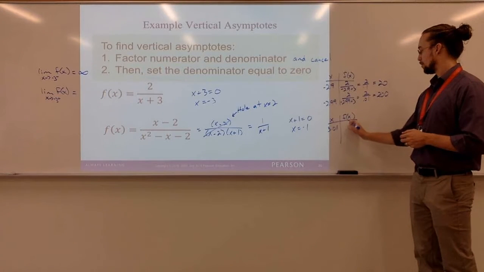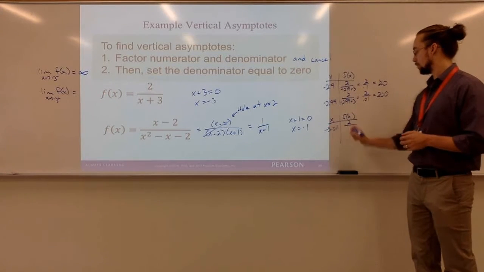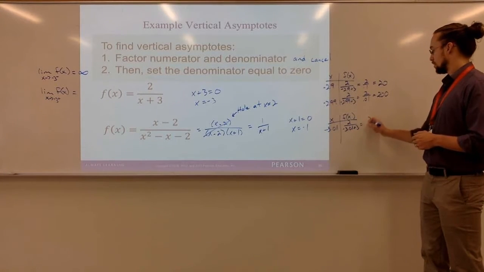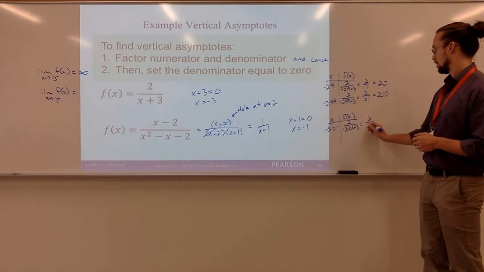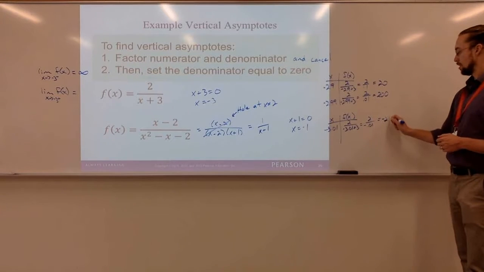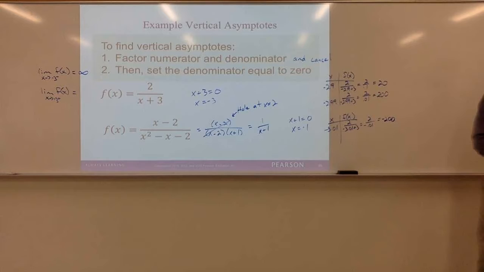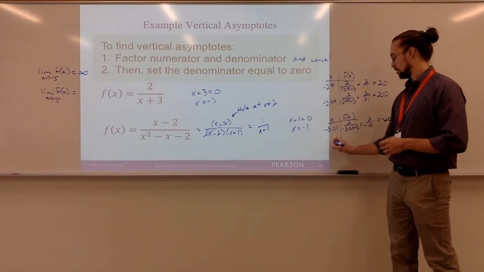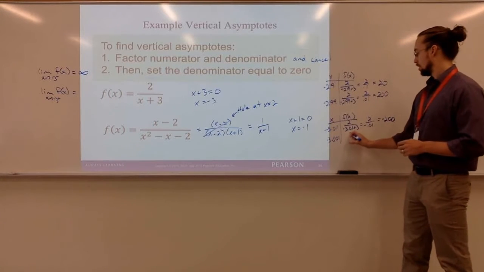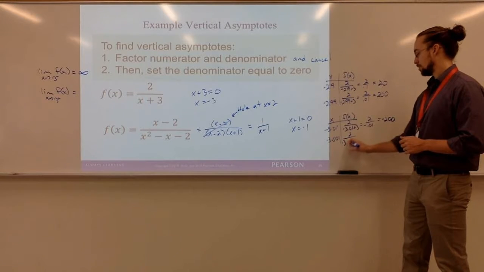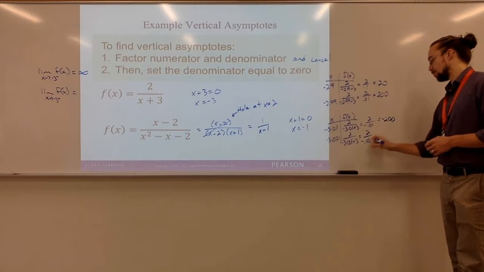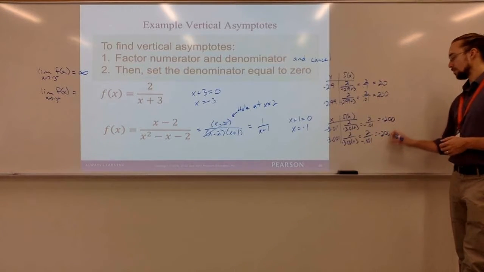So if we plug in -3.01, we get 2 over -0.01, -200. Right? And then, since we did 0.01, we could do 0.001 to get something even closer. 0.001 plus 3 would get me 2 over negative 0.001. That would be negative 2,000.